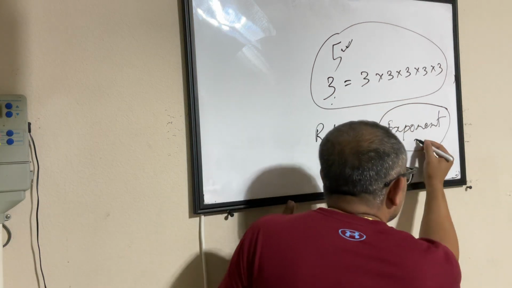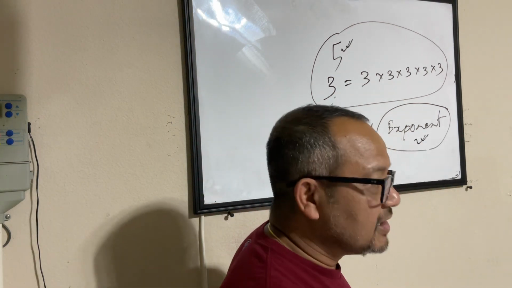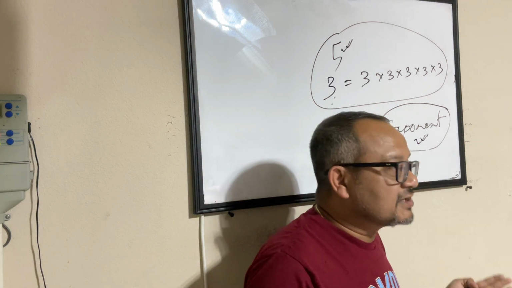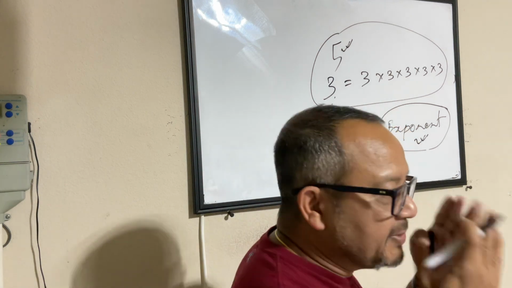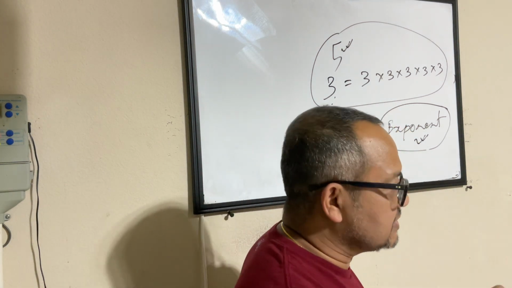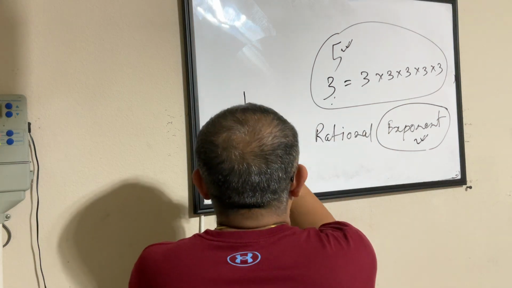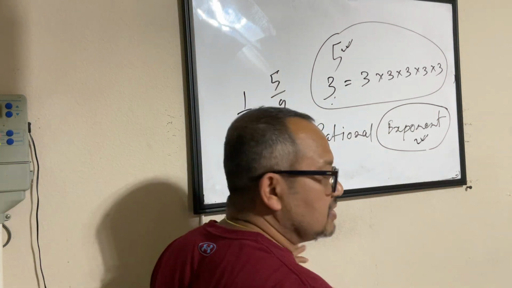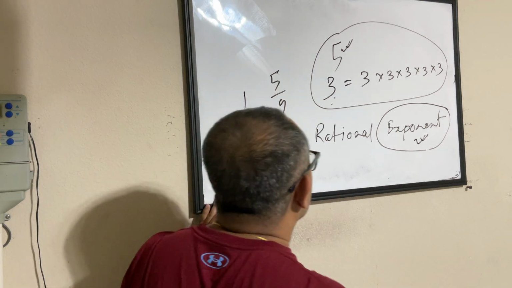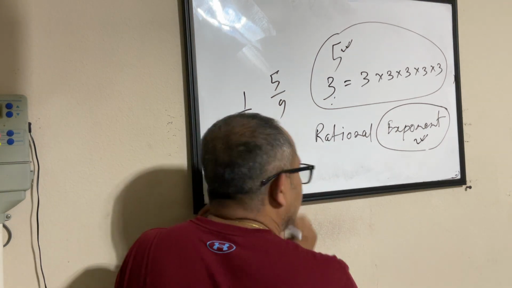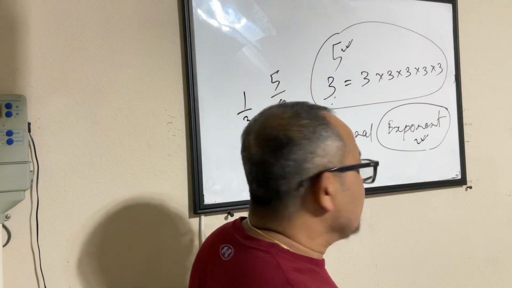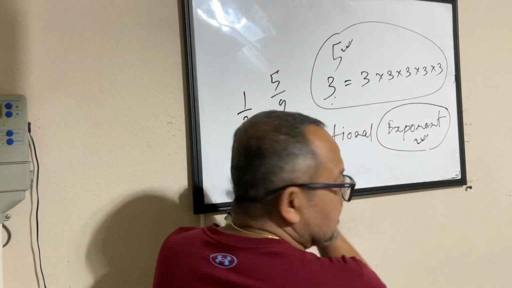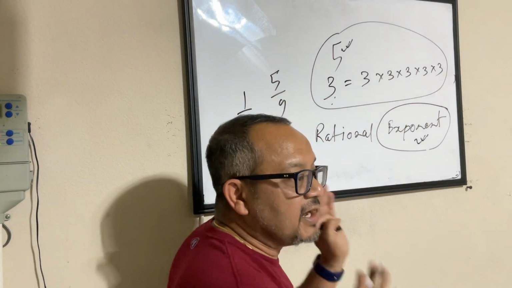So this word we know. How about rational? We all have learned what is a rational number. Any number that can be represented in the form of a fraction is called a rational number. 1 by 3 is a rational number. 5 by 9 is a rational number. Even 8 is a rational number because I can always write 8 also in the form of a fraction.